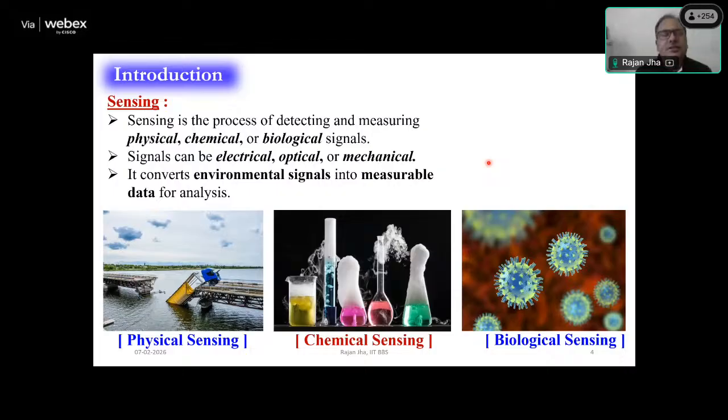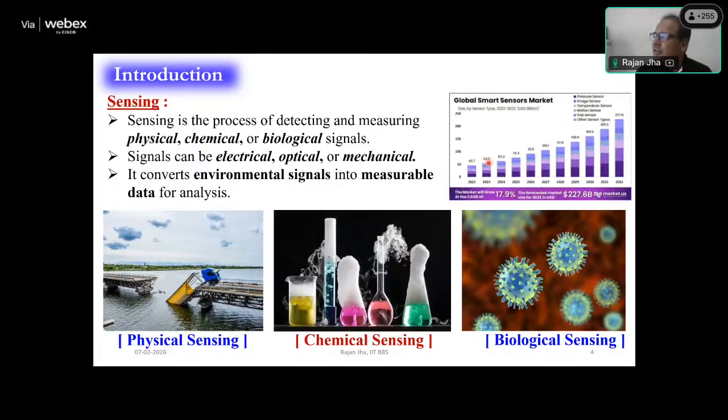This is a brief introduction about sensing. It is very important that, as human beings have evolved, depending upon the requirements, they have developed technology, and the research in those technologies largely gets governed by the market.